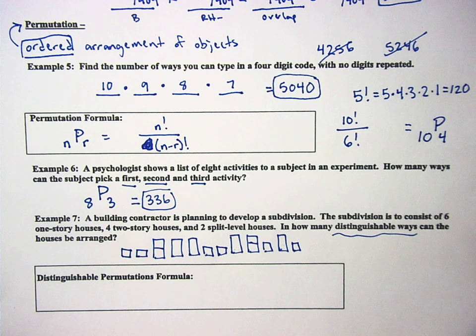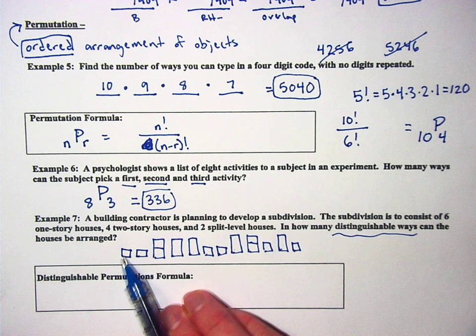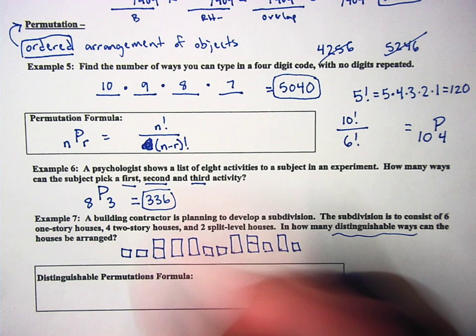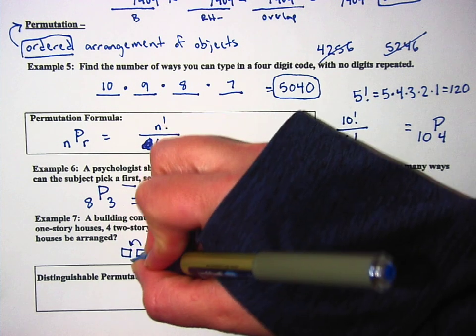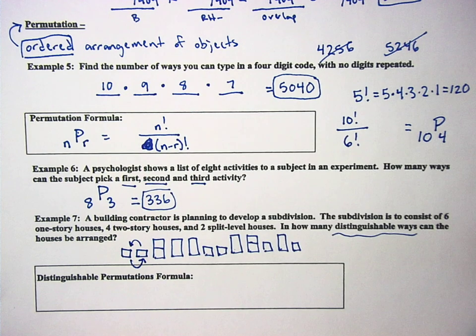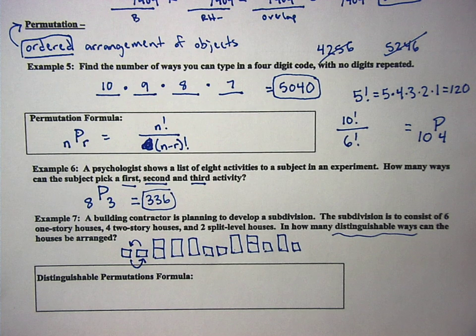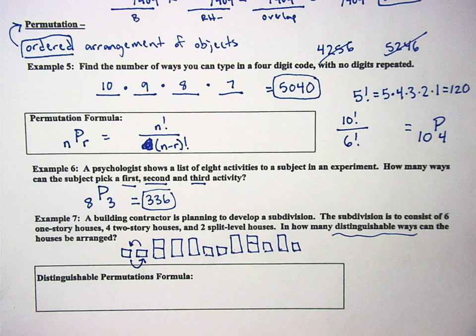Now, when it says indistinguishable from each other, what they're trying to say is that, like, these little ones, if I took this house and I swapped it with that house, it would look the same because they're both 1-story houses. This is a boring, like, cul-de-sac community, so every house looks exactly the same.